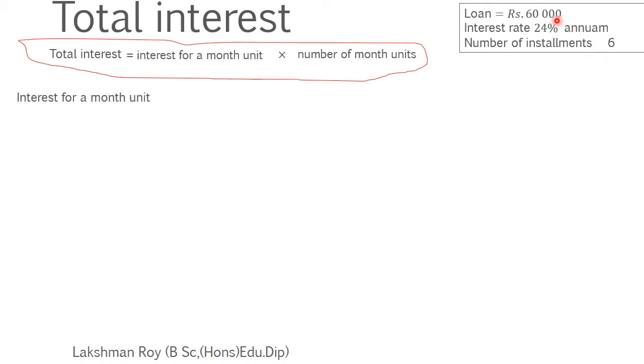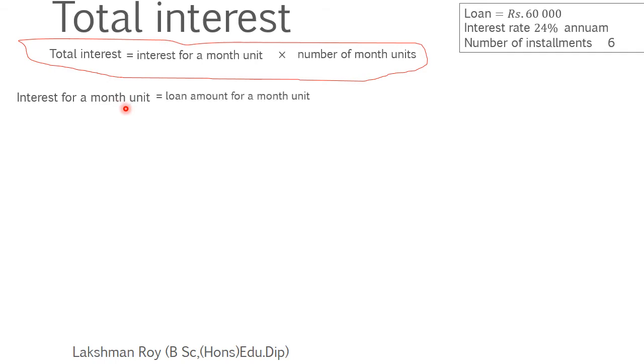That means if you divide 60,000 rupees by 6, you get an amount. That amount means without interest how much you should pay. Understand? So on that amount, that means 10,000, the interest you have to pay on 10,000 rupees is the interest for a month unit. Interest for a month unit means the amount without interest, so calculate the interest on that amount.